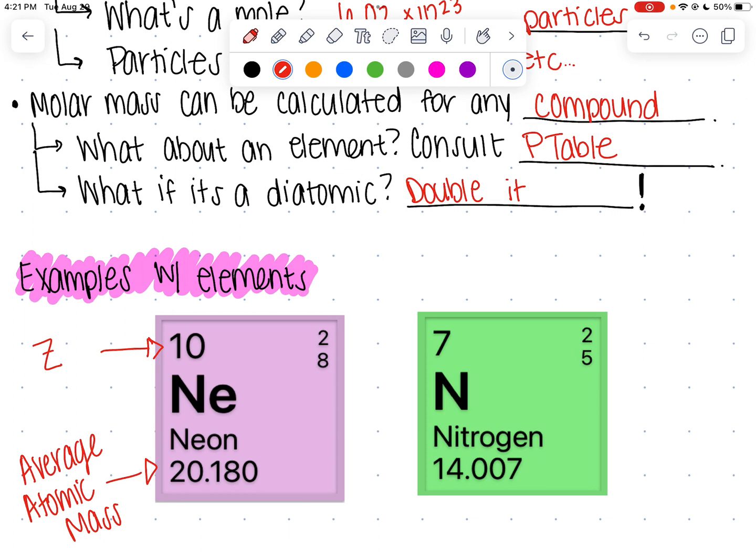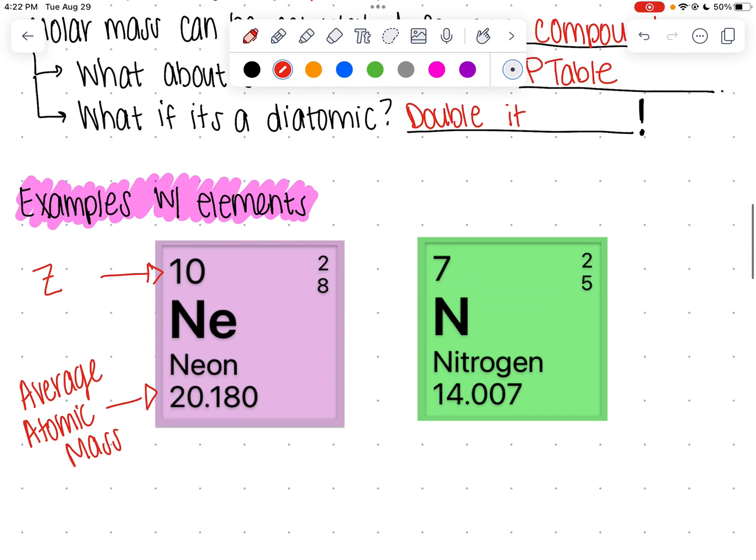If you were to pull any neon atom, its approximate mass would be 20.180. Remember that the actual mass number of an atom is always whole, because for that one, you're adding up number of protons and number of neutrons, and you can't have a part of a proton or a part of a neutron. So this number here as a decimal is taking into account the mass of every isotope of this element.